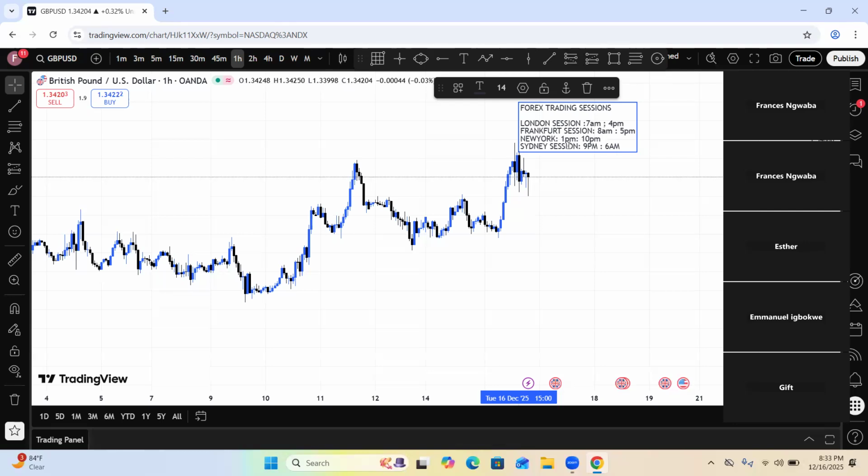Some traders will tell you that they trade only the London session, which is from 7 a.m. to 4 p.m. Some will tell you that they trade the New York session, which is from 1 p.m. to 10 p.m.